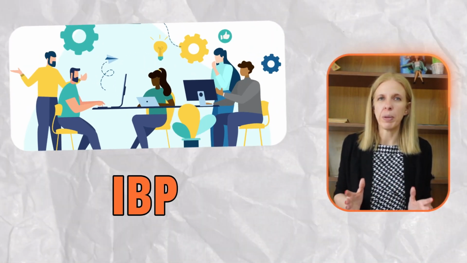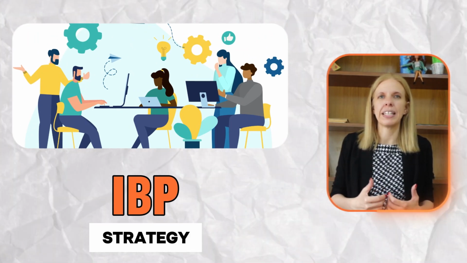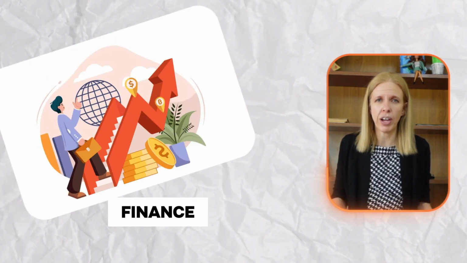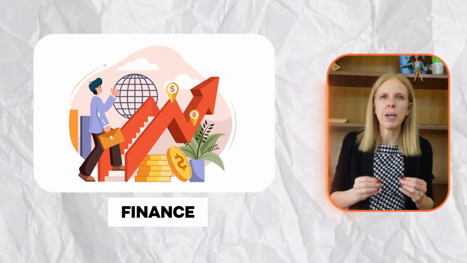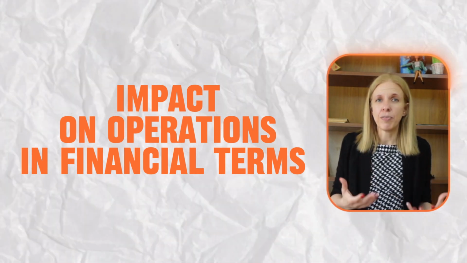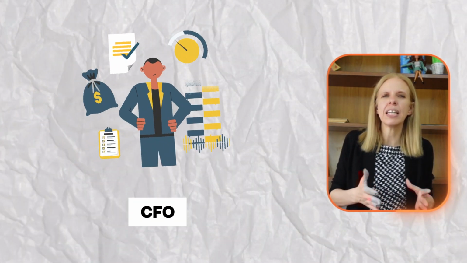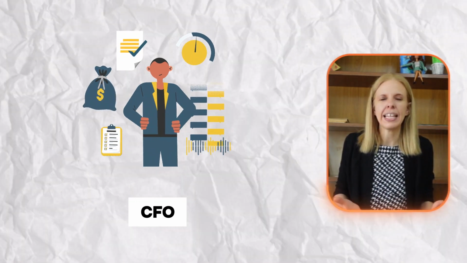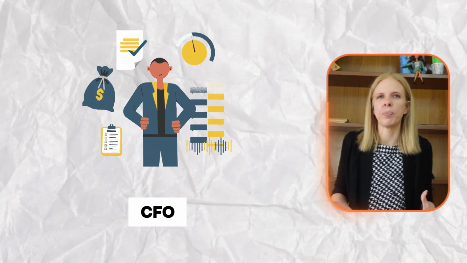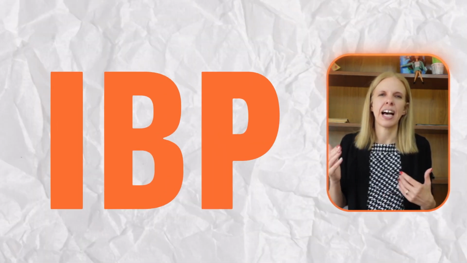In the case of IBP, as it is the link to the strategy and it has a strong connection with finance, including measuring the impact of operations in financial terms in different what-if scenarios, the CFO or another executive from the commercial or supply chain leads IBP.